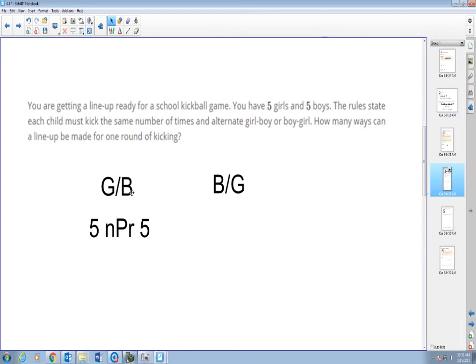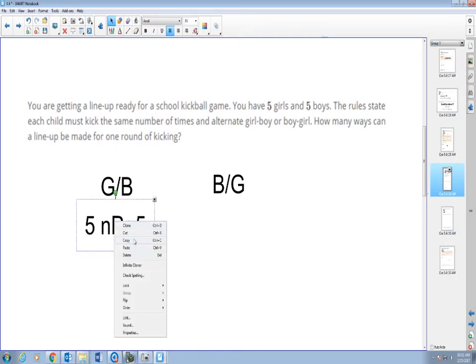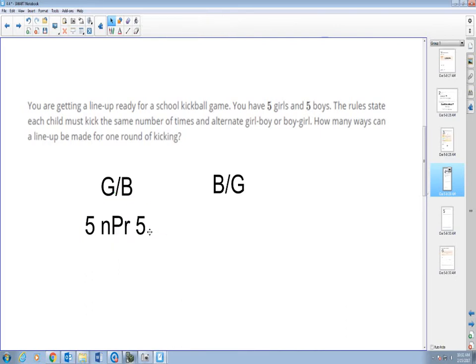But I also have 5 boys involved too. So all 5 boys will actually kick as well. Within the girl-boy alternation, I have 5 girls choosing all 5 of them, and I'm also going to have 5 boys, and all 5 of them have to kick.